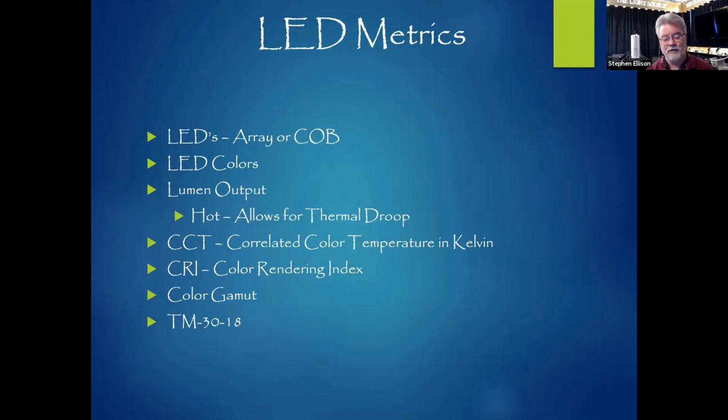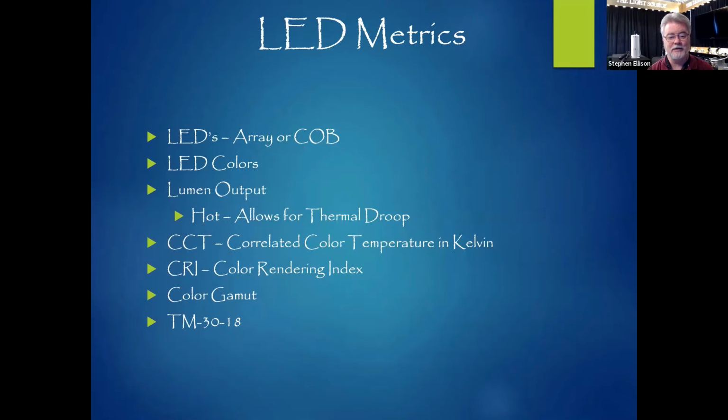When you fire up an LED and it's cold, because it's been sitting there at room temperature, it's going to put out the most output it will ever put out. As you heat it up and it achieves a thermal temperature that it is going to be steady at, so it's reached its thermal balance, you'll have what's called thermal droop. It will actually go down in output.